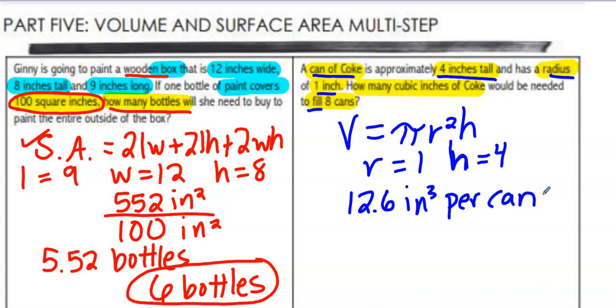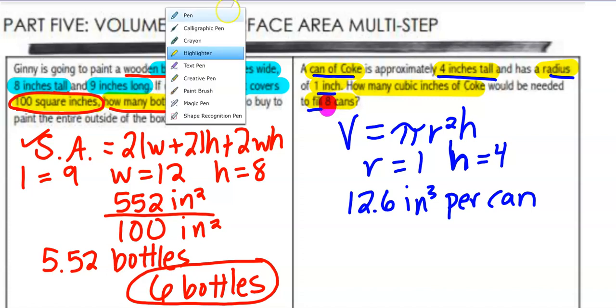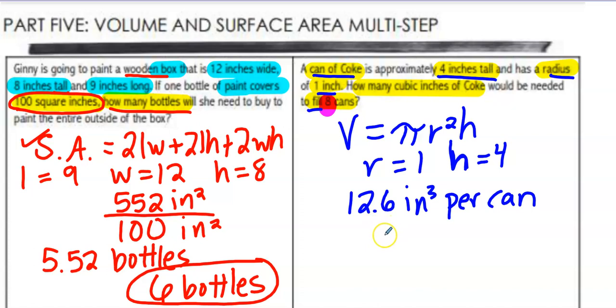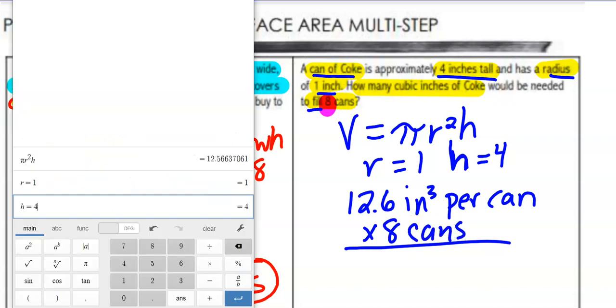But notice the question here is not asking how much in 1 can, it's asking how much to fill 8 cans. So now we're going to take this number and we're going to multiply it by 8. And if I multiply by the 8 cans that I'm going to need, I go back to my Desmos. In fact, I'm going to just clear this and use 12.6, the approximation, times 8.